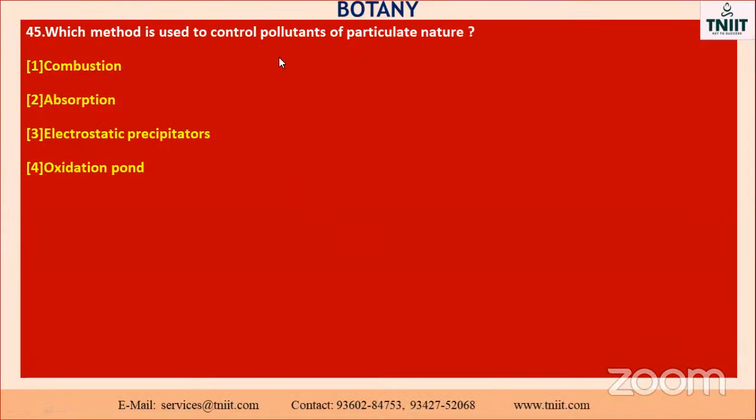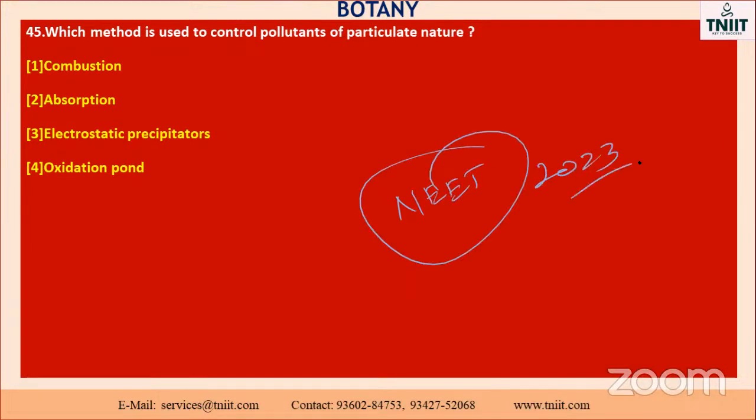Which method is used to control pollutants of particulate nature? This is a NEET question, my dear students, very, very important this year. Definitely they will ask such questions, NEET 2023. Particulate nature: condensation is not possible, absorption is not possible.